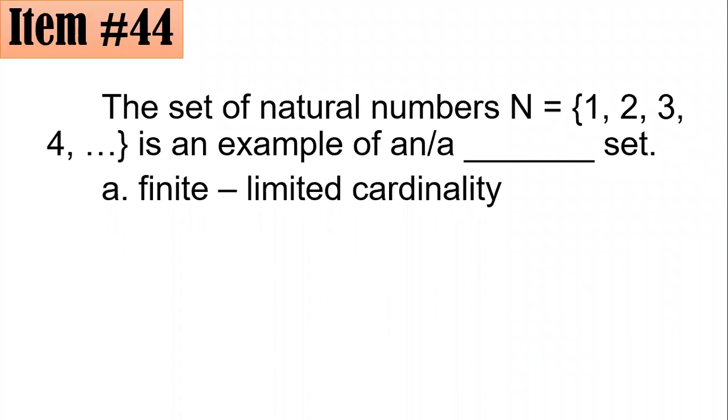Okay. So actually the correct answer here is infinite. So when we speak about infinite sets, it is a set with unlimited cardinality. In this case, there you could see that it has a first term. You are having a sequence of terms, and there is 3 dots. What do you call these 3 dots again? Okay, Sir Freddy mentioned it here.